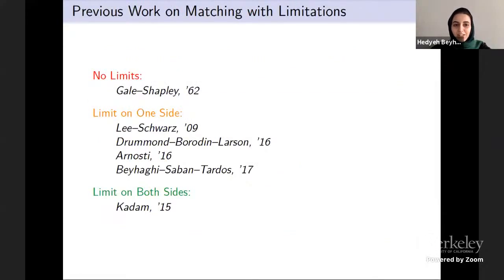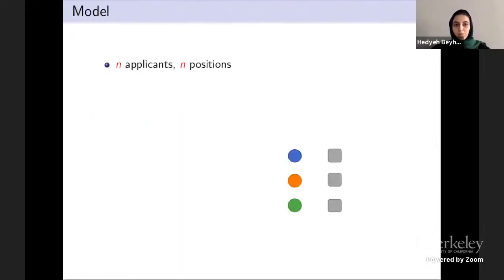Traditionally, the matching algorithms did not take these limitations into consideration. For example, the deferred acceptance algorithm by Gale and Shapley assumes that the participants can consider as many options as they want. In more recent years, there has been more work on matching with limitations, but as you see, there are still very few studies on limitations on both sides. Let me define our model more formally.